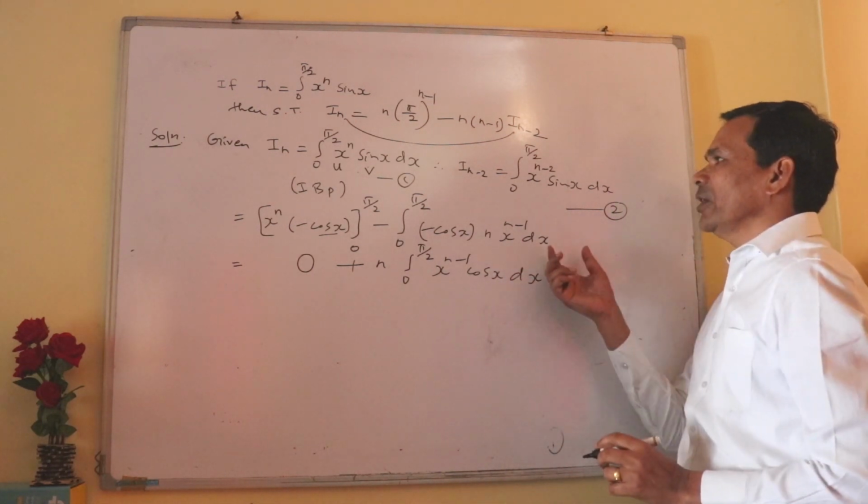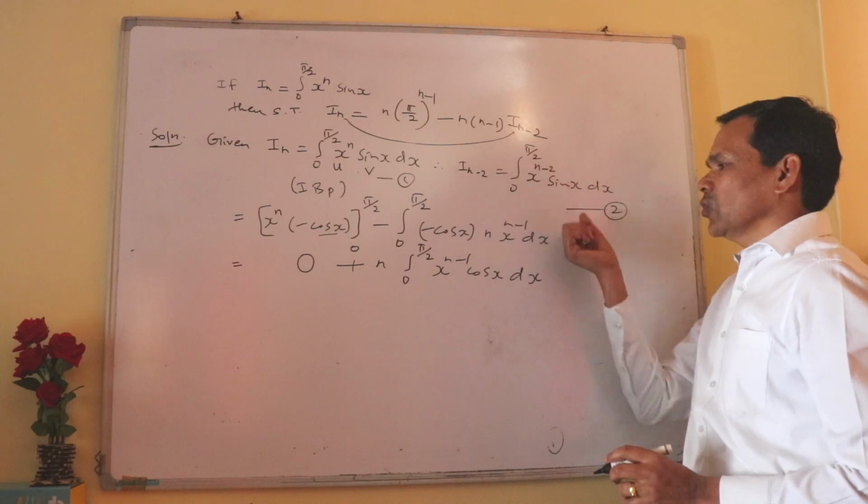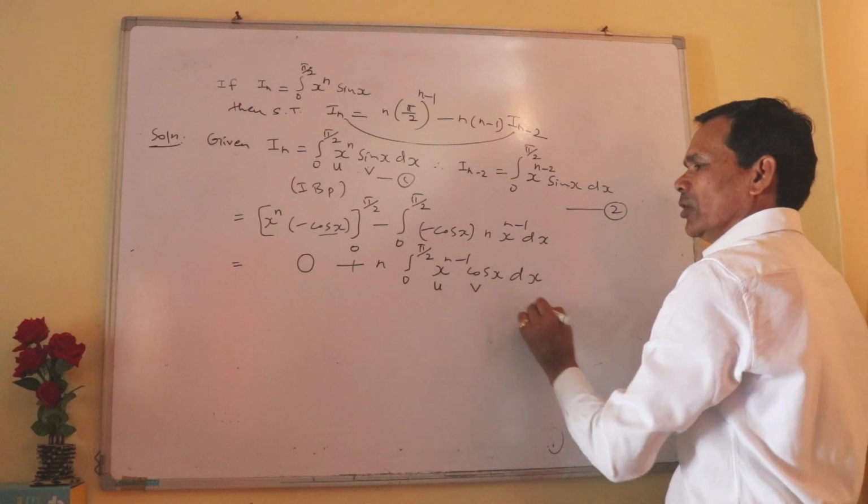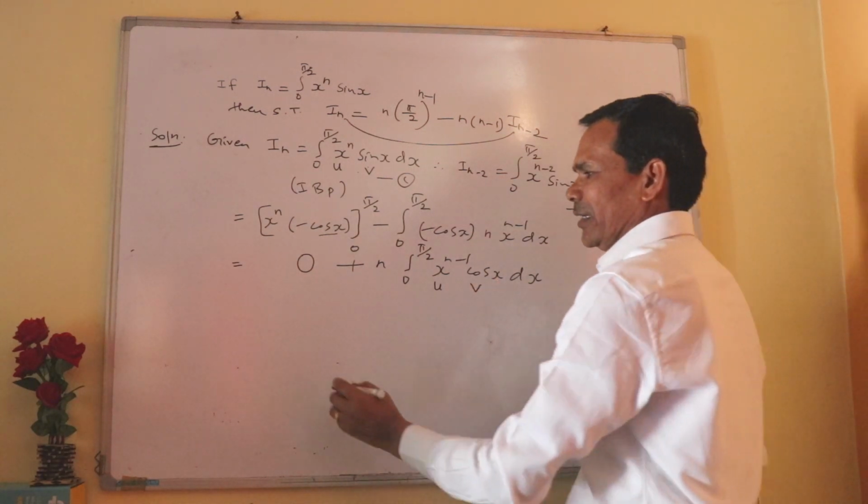Now, x raised to n minus 1 means you need to integrate again. So I call x raised to n minus 1 as u and cos x as v, and integrate by parts again.